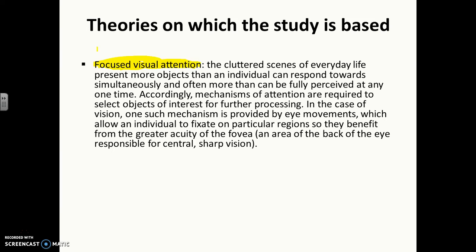So we focus our attention, whether that's auditory or visual, onto specific things. We don't take in all of the information. So the cluttered scenes of everyday life present more objects than the individual can respond to. So we have mechanisms of attention that select objects of interest.